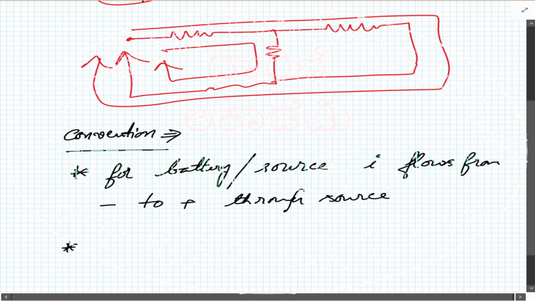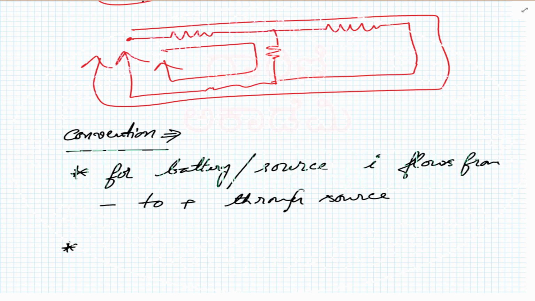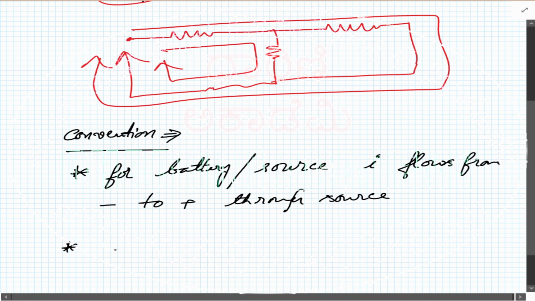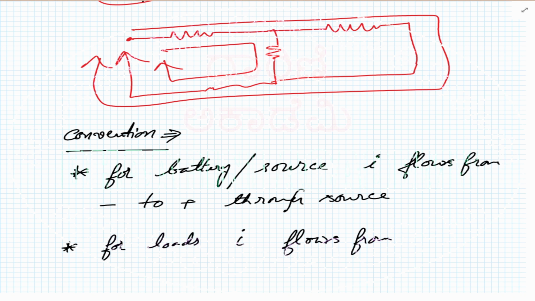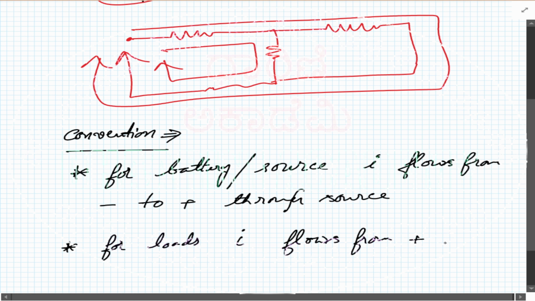In any given circuit, however many batteries you have, you apply this first. You always start with the battery. Then the second step is for loads, in the sense any device which is not a battery will be a load. For loads, the same current I flows from positive to negative through the load.